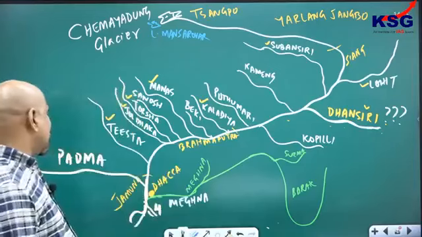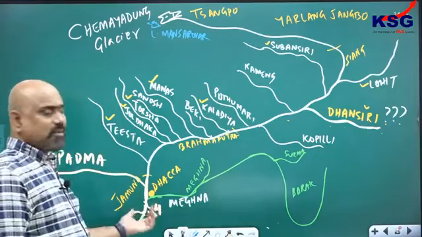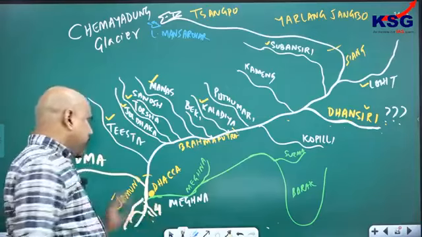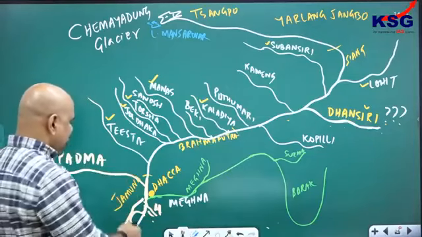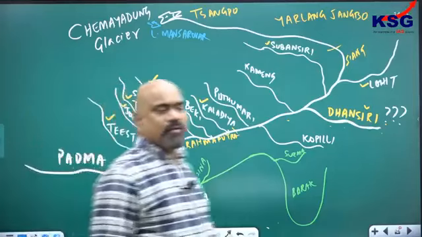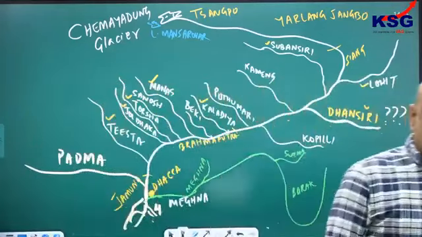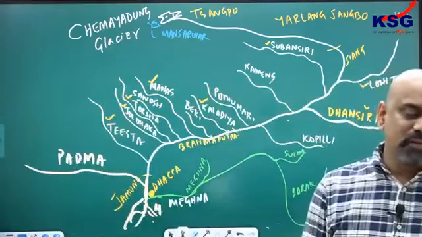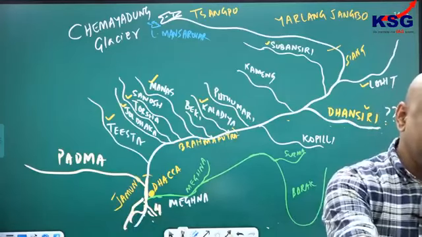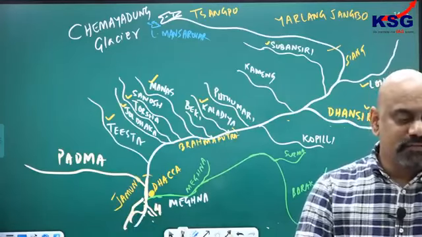Finally, it is coming here. After meeting this, it got split up. From here up to Dhaka, it is called Padma. South of Dhaka, they call it Meghna. These are the names here.